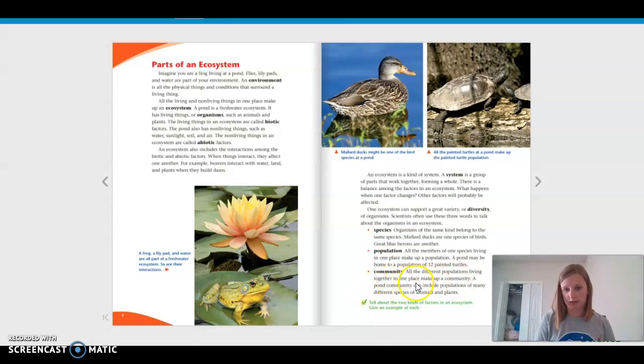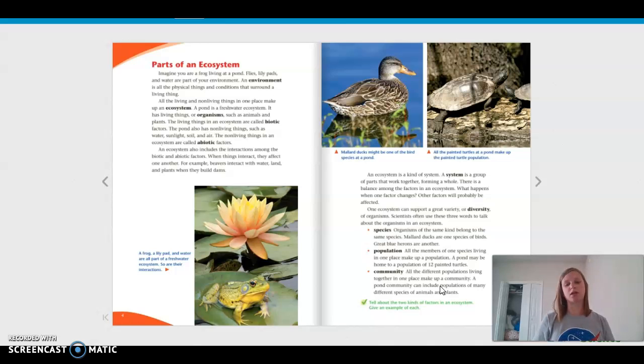A community, all the different populations living together in one place make up a community. So this could be one pond community can have a population of many different species of animals and plants. Okay, so the community of a pond could be ducks, frogs, fish, and plants that make up that ecosystem.